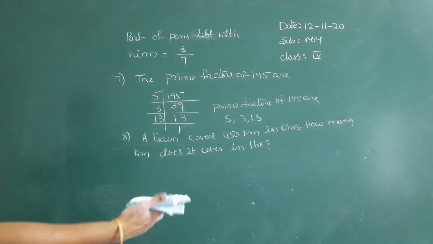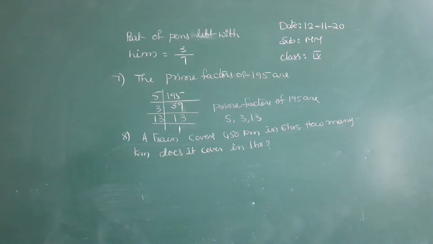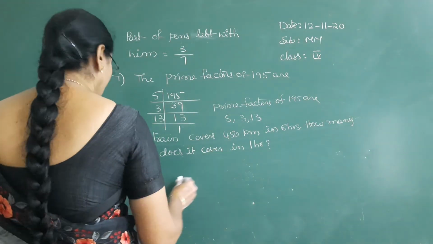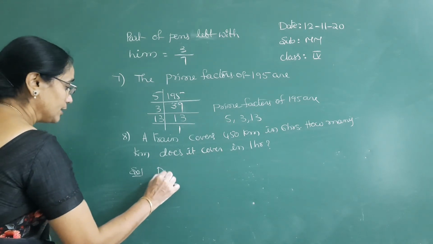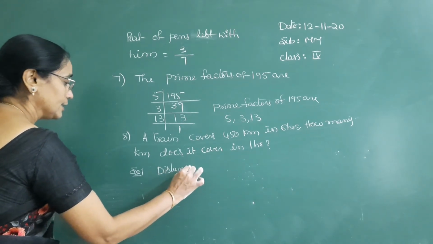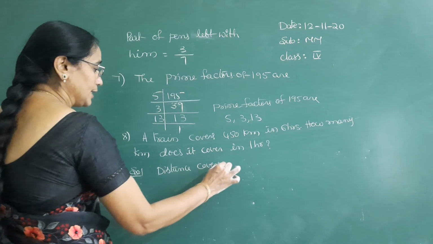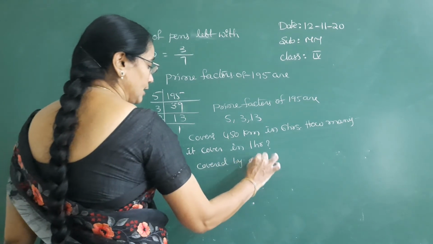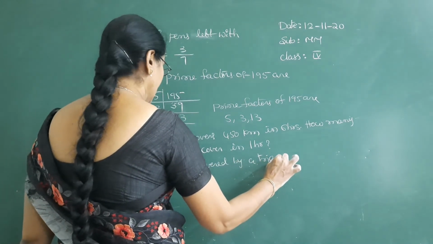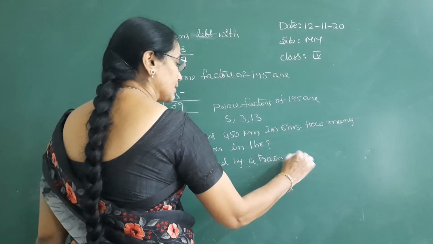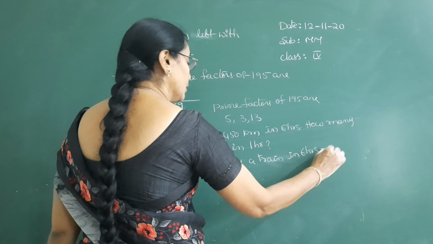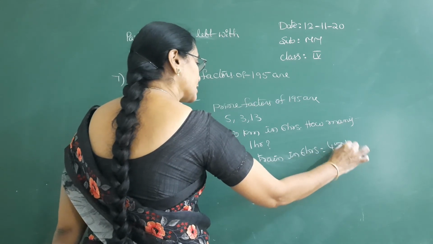Here they have given that the distance covered in 6 hours is 450 kilometers. Distance covered by a train in 6 hours is equal to 450 kilometers.